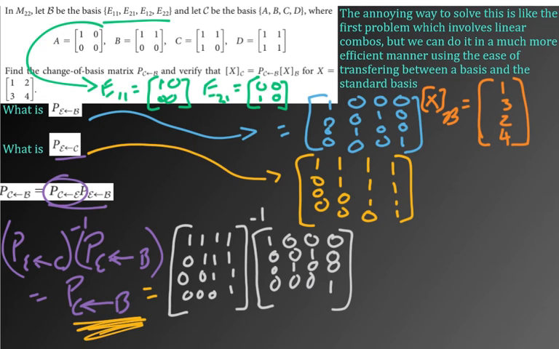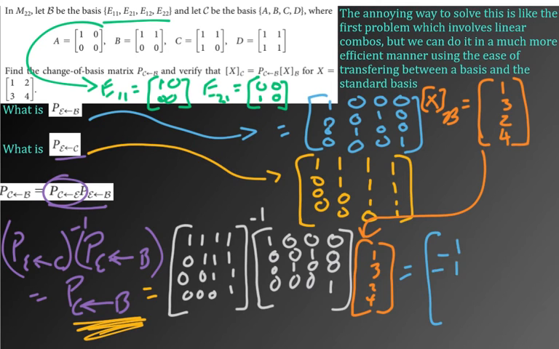But now, if you just pop that over here, 1, 3, 2, 4, and do it out, you definitely want to use a calculator or a computer to do this. You would just type all this in, hit enter, and it's going to give you -1, -1, -1, 4.